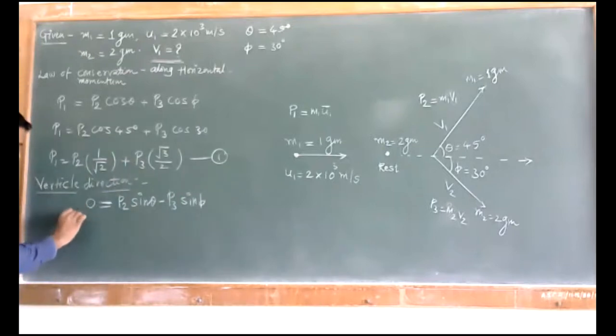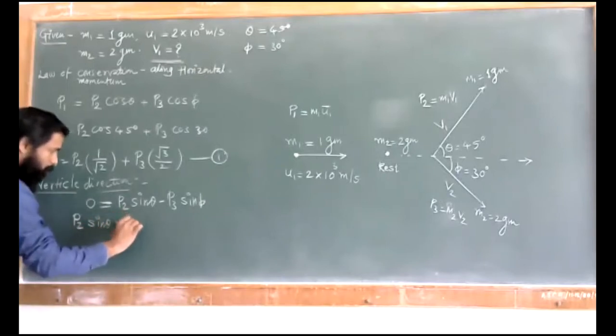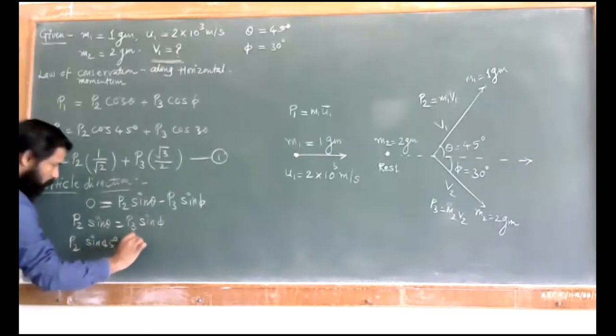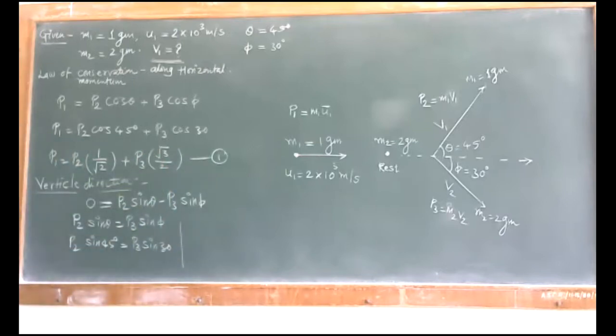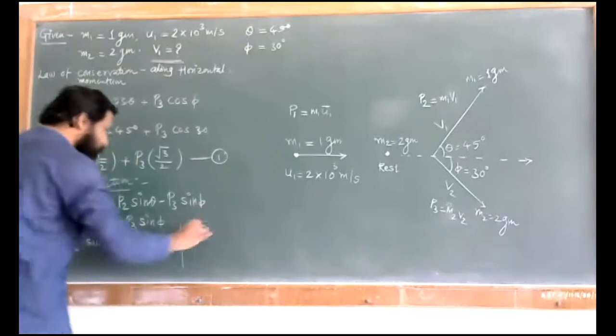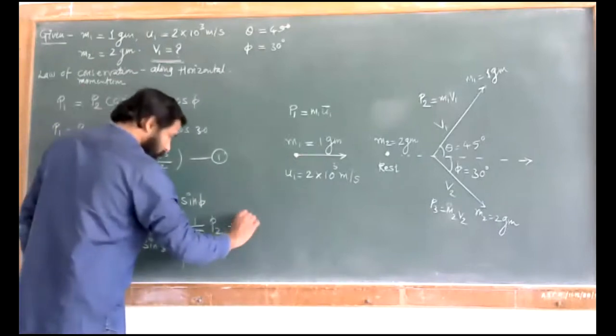Or you can say P2 sine theta is equal to P3 sine phi, or P2 sine 45 is equal to P3 sine 30. So we can write 1 upon root 2 into P2 is equal to P3 into sine 30, which is 1/2.